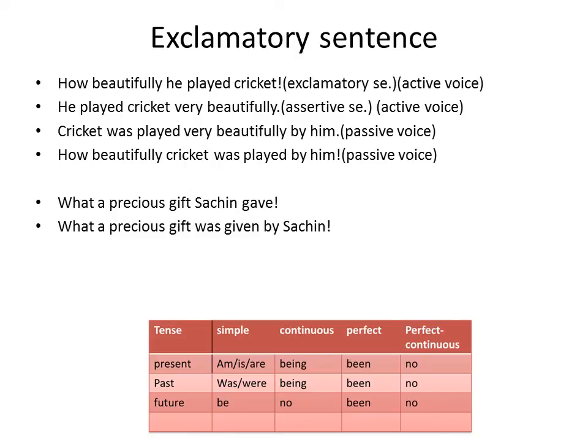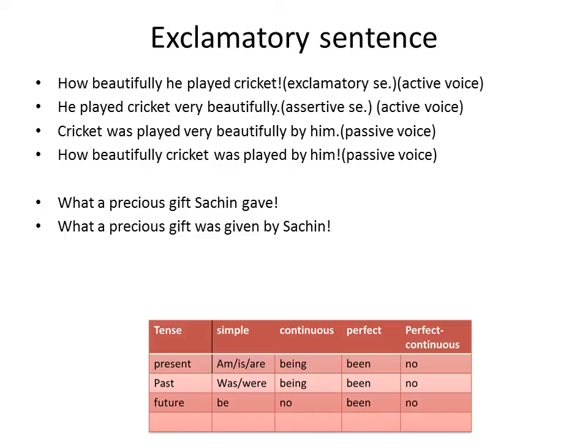Let's see the next slide, or next type of sentences: exclamatory sentences. How can we find out exclamatory sentences? We have an exclamatory mark at the end of the sentence, and the sentence begins with "what" or "how".